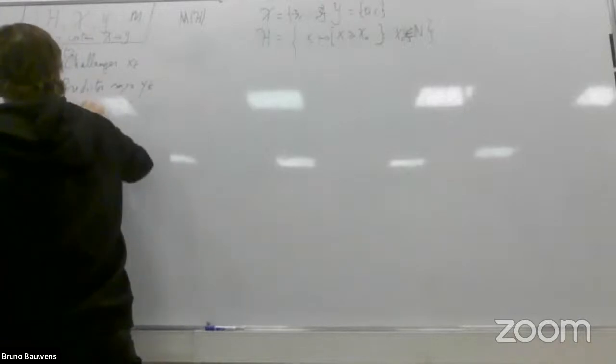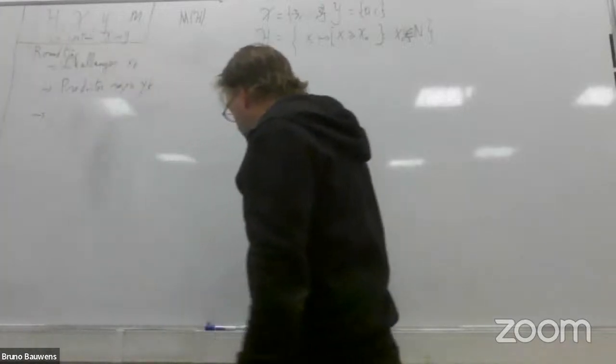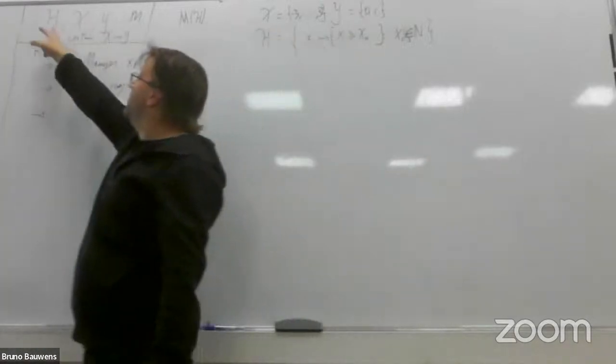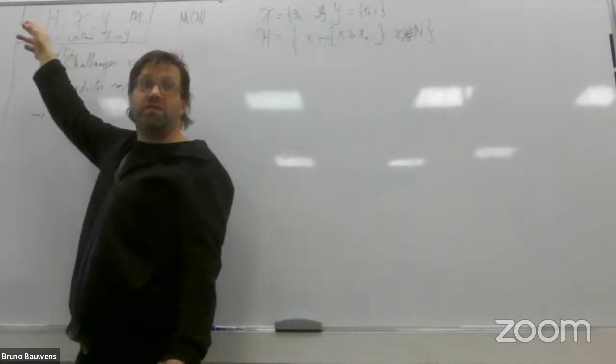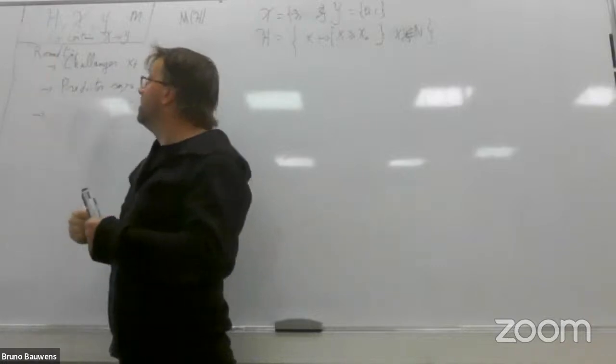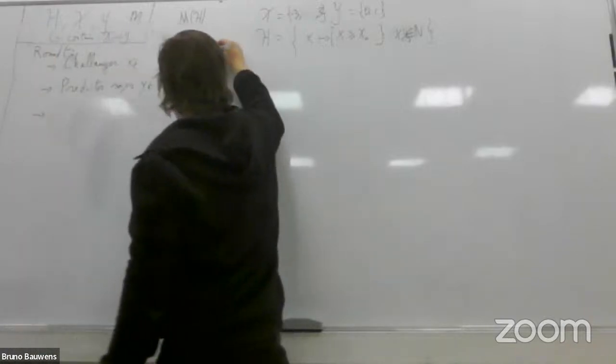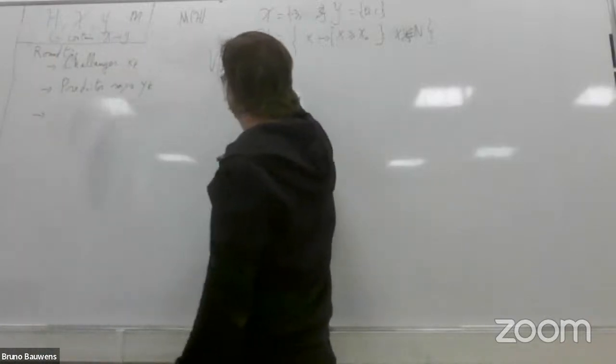So remember that the set of all classifiers consistent with previous input-output pairs is called the version space. And it was denoted by V_t.